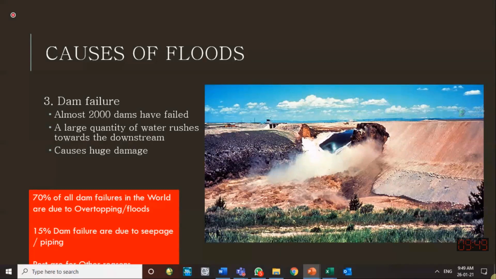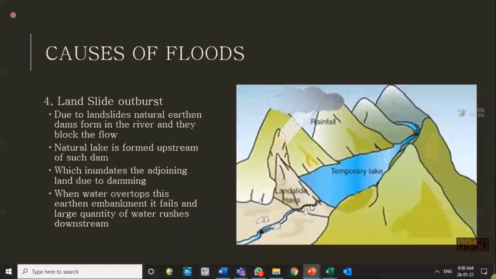The erosion is so high that it starts erosion on the downstream slope of the dam, and the dam body starts being cut from the overflowing water, and opening is usually created in the dam body that works like a weir, and flow starts overflowing it, and it increases, and a huge flood can be resulted because of this. Dam failure can occur because of landslide outburst.